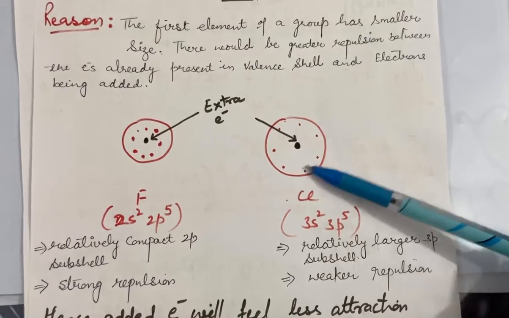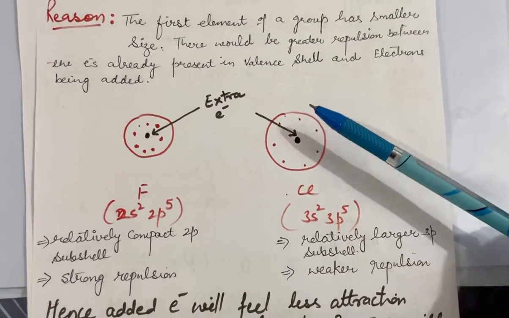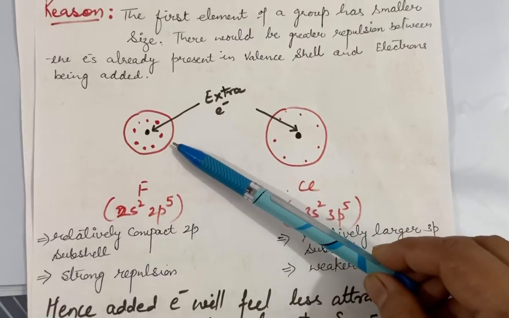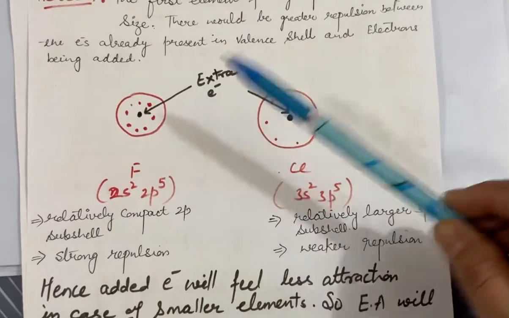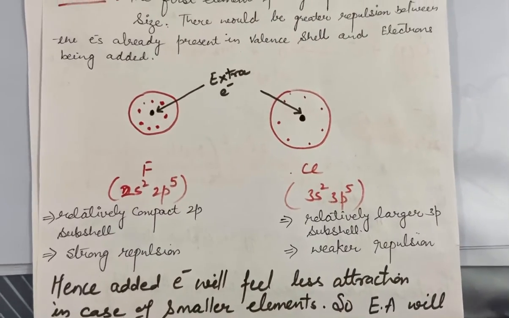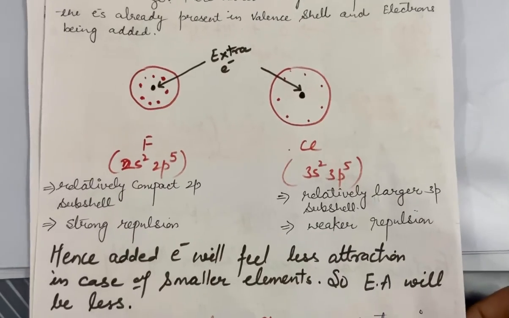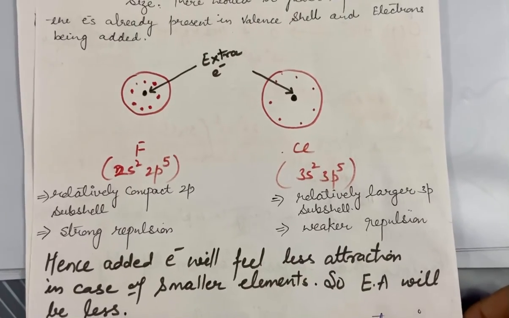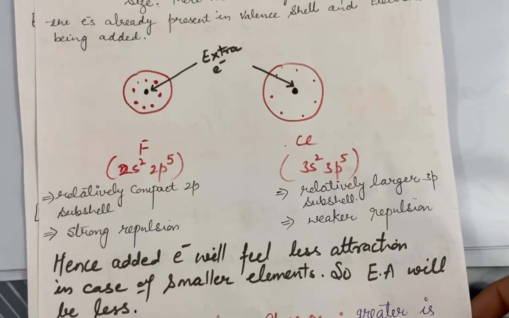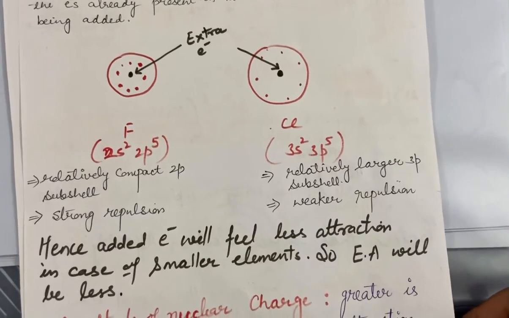So the added electron in F will feel less attraction due to its small size, and the electron affinity will be lesser compared to Cl.